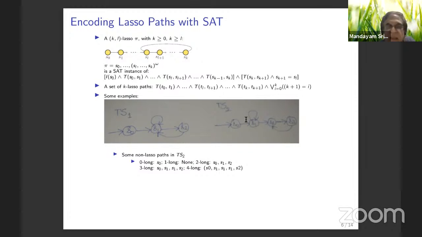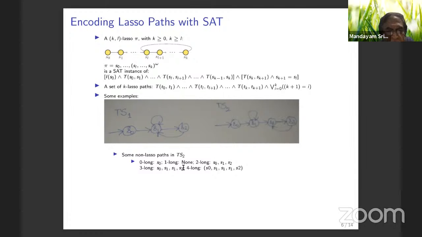So this is for TS2, and S0, S1 repetitions to S2 is not lassoing because from S2 there is no transition back into one of the earlier states. Sorry guys, I might have confused you.